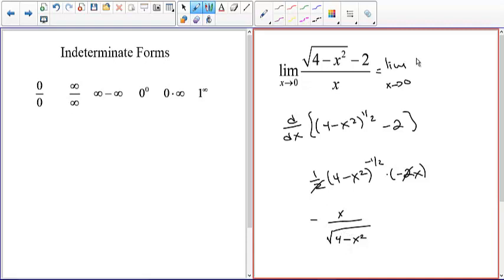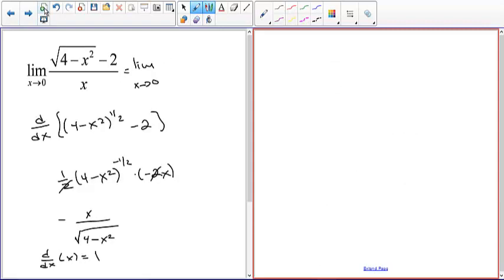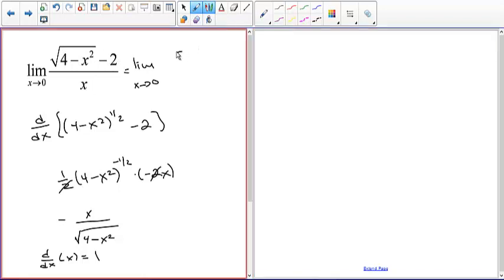Okay, now the derivative of the denominator, so the derivative with respect to x of x is just 1. So now if we plug those in here, instead of evaluating this limit, which if you let x equal 0, you'll get the square root of 4, which is 2, minus 2, which is 0, divided by 0. So what we have now is negative x divided by the square root of 4 minus x squared, divided by 1.